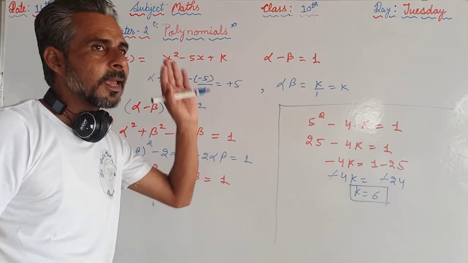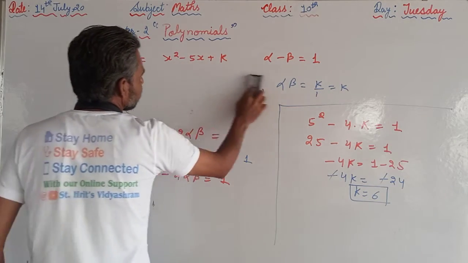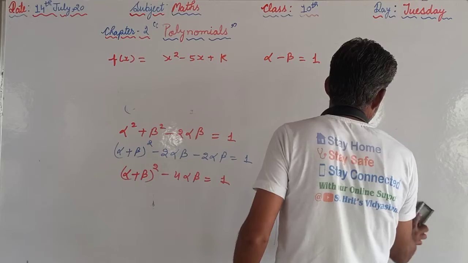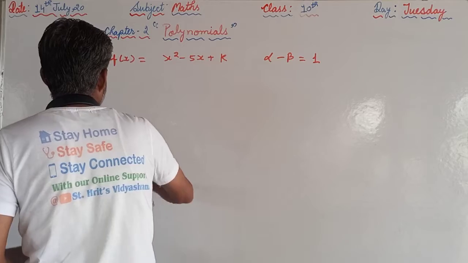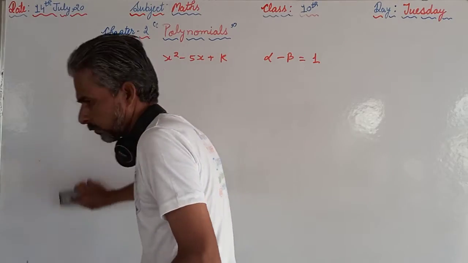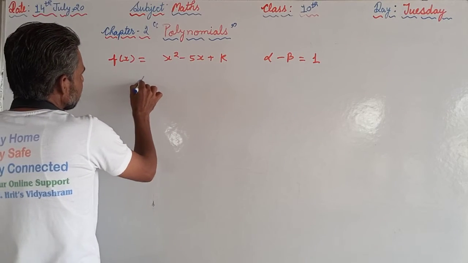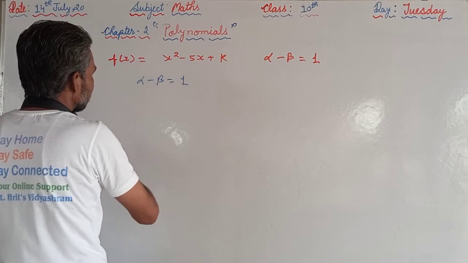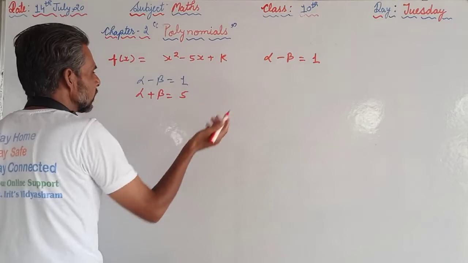One more method can also be there. One method is that we can solve using this. Second method we can use: this was given alpha minus beta is equals to 1, and we know that alpha plus beta is equals to 5, minus b upon a.